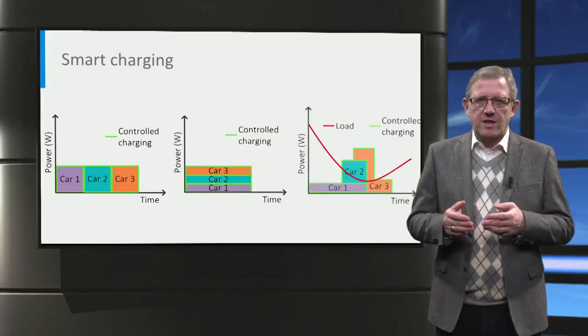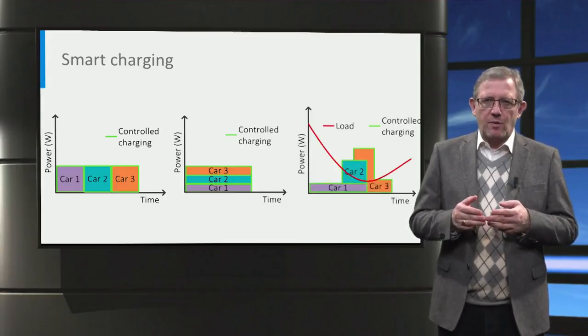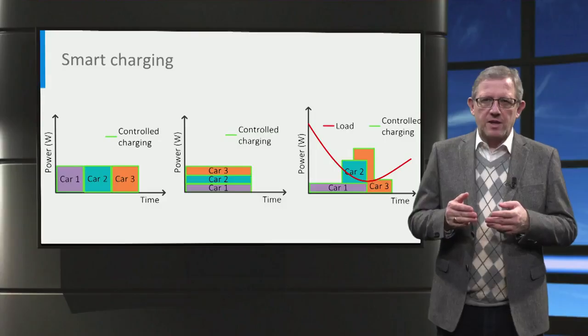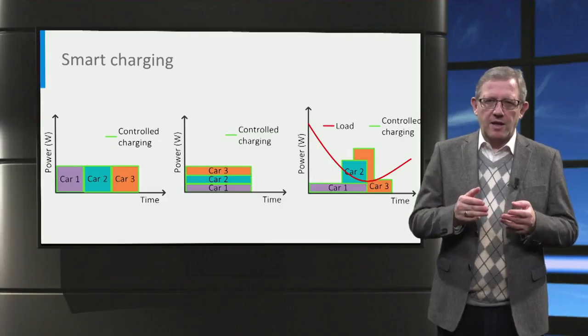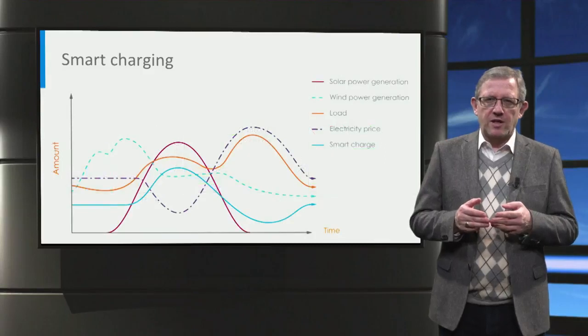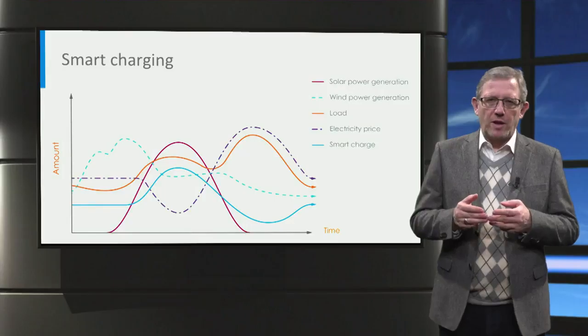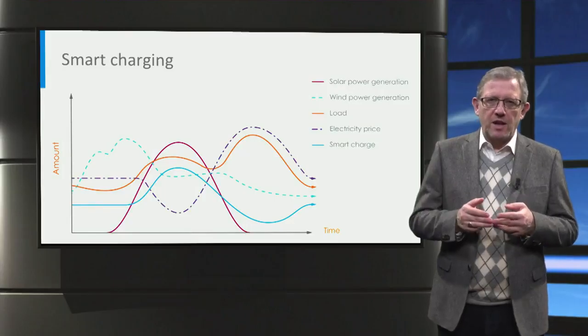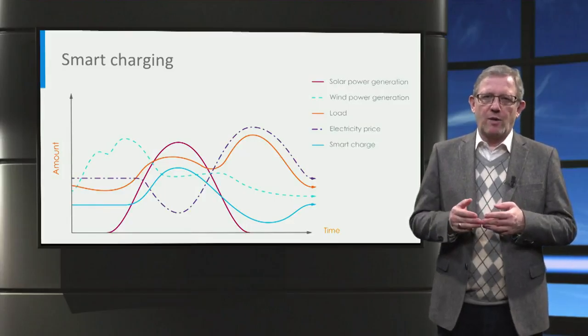Or the smart charging system can monitor the electricity network and charge more cars when there is less demand on the electricity network. The most important use of smart charging is the ability to allow the charging of electric vehicles from renewable energy sources and the possibility to reduce the cost of charging this way.